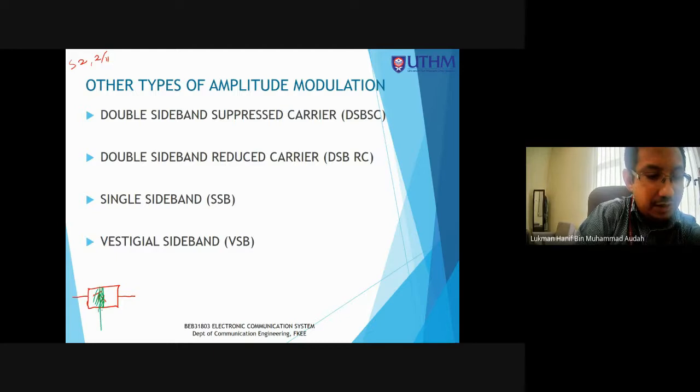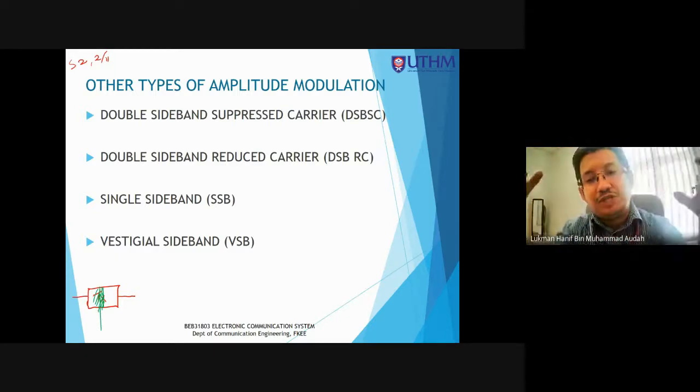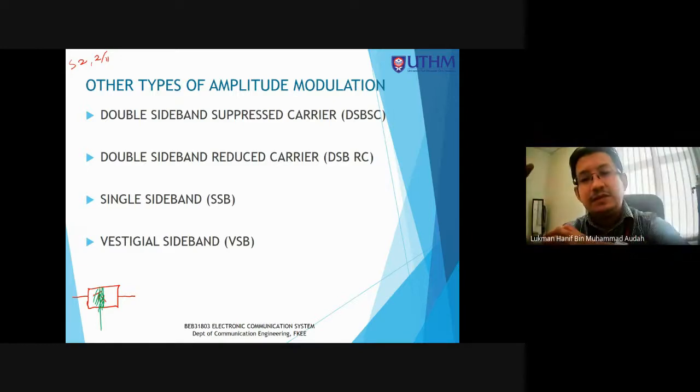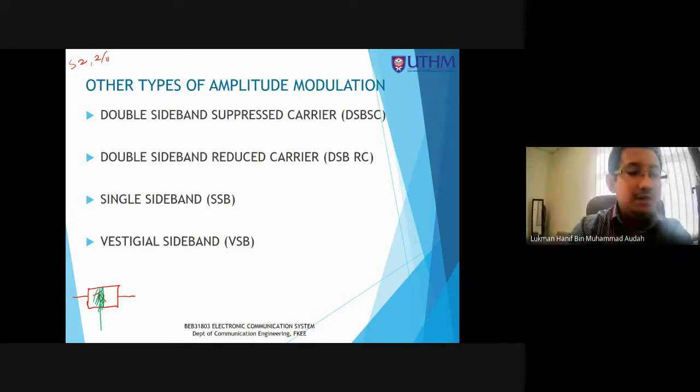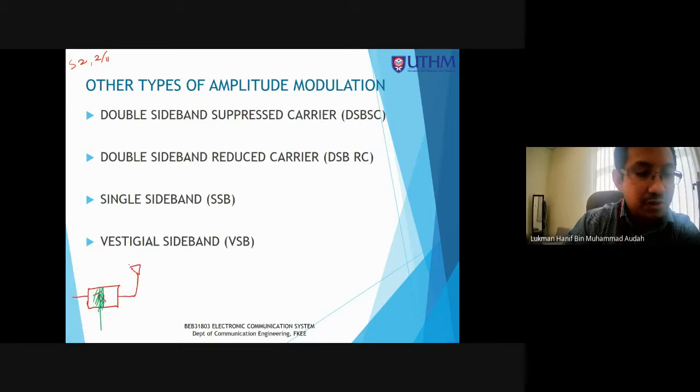Dia di bahagian awal ini yang mana kita melakukan proses modulation dengan carrier untuk menghasilkan amplitude modulation signal, and then we can transmit this signal through the antenna. The signal will be transmitted through the antenna in the channel, in the medium.